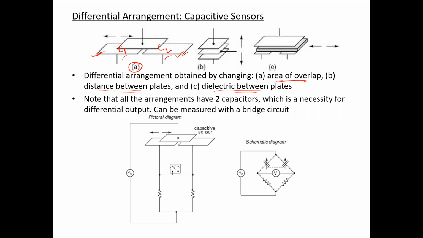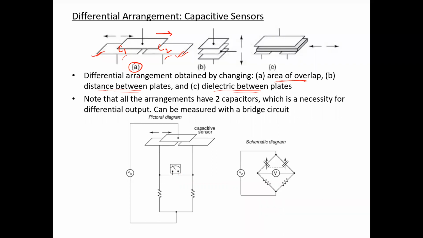However, if the upper plate moves either to the right-hand side or the left-hand side, depending upon the overlapping area, the two capacitances C1 and C2 are going to change. If some external voltage is applied across this differential arrangement, then the voltage drop across the two capacitors will also change, and eventually the difference between the two voltages across the capacitors can be taken as the differential output, and the output can be taken in the form of an AC bridge circuit.